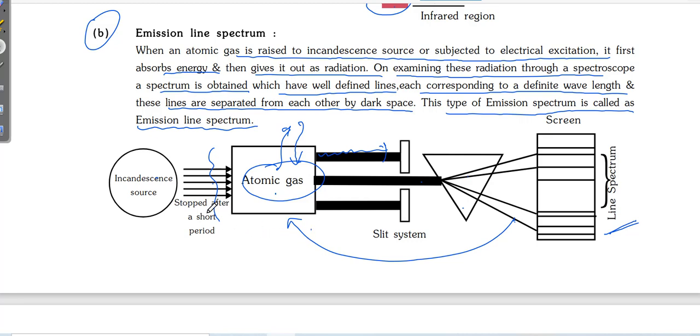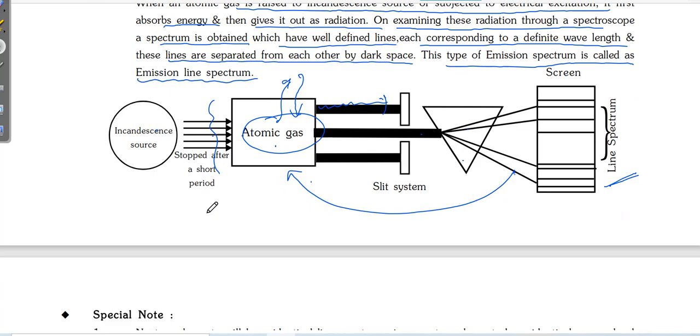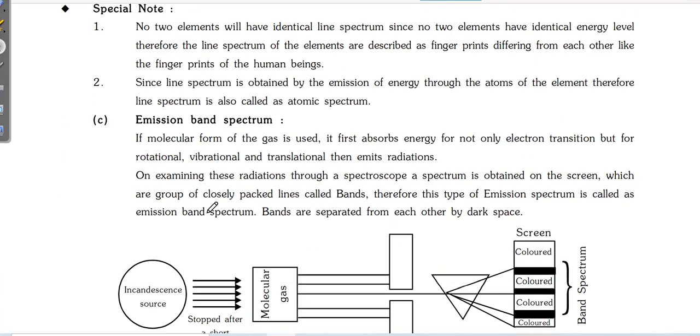Okay, next, a special note here: no two elements will have an identical line spectrum, since no two elements have identical energy levels.